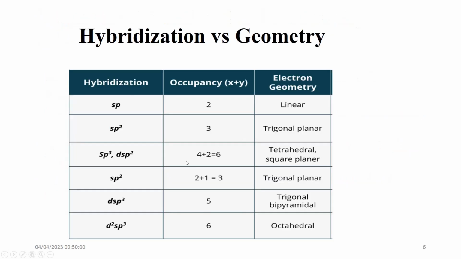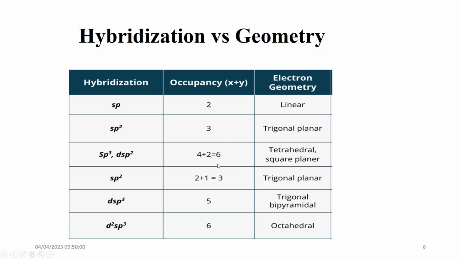Okay, let us look at hybridization versus geometry. Geometry is about shape, and hybridization is the way the orbitals participating in bond formation are combined. So here we have sp hybridization, which gives linear geometry. We have sp2, which gives trigonal planar, and sp3, which gives tetrahedral.